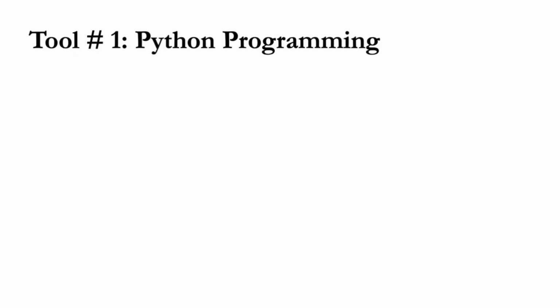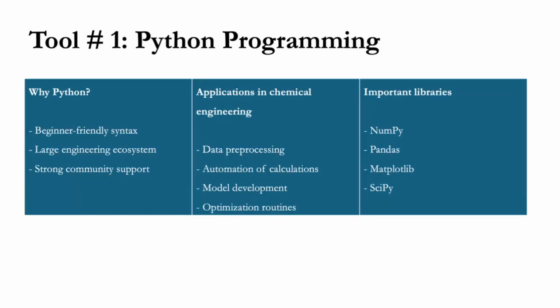So we will now talk about the first and most important tool every chemical engineer should learn: Python. It is widely used because it is beginner friendly, powerful, and supported by a large ecosystem. Chemical engineers can use Python for data analysis, automation of repetitive calculations, process optimization, and machine learning model development.